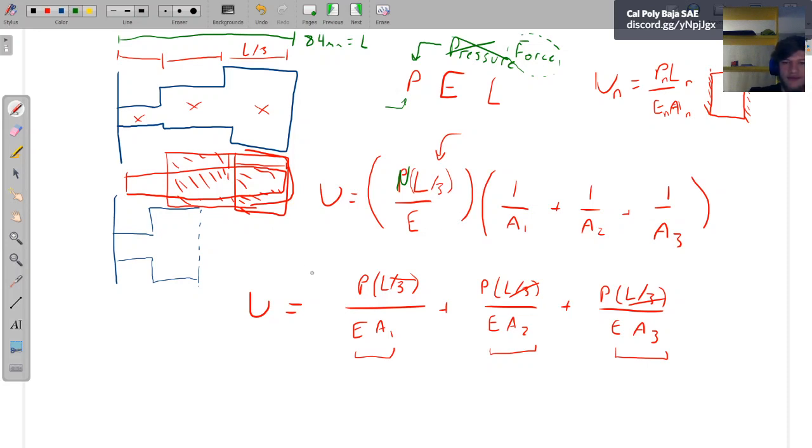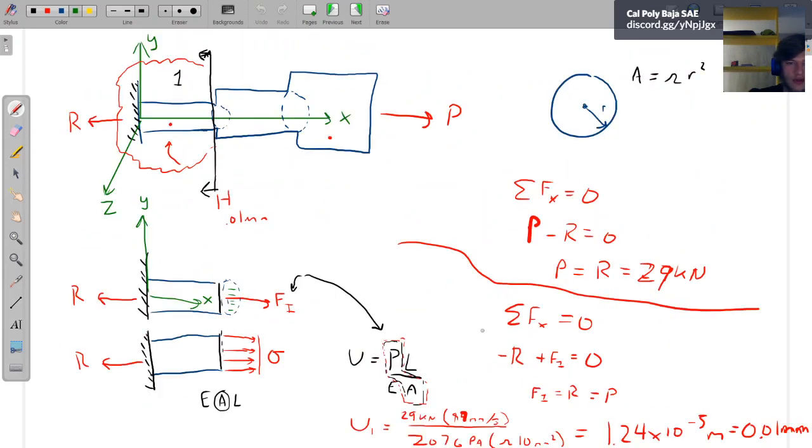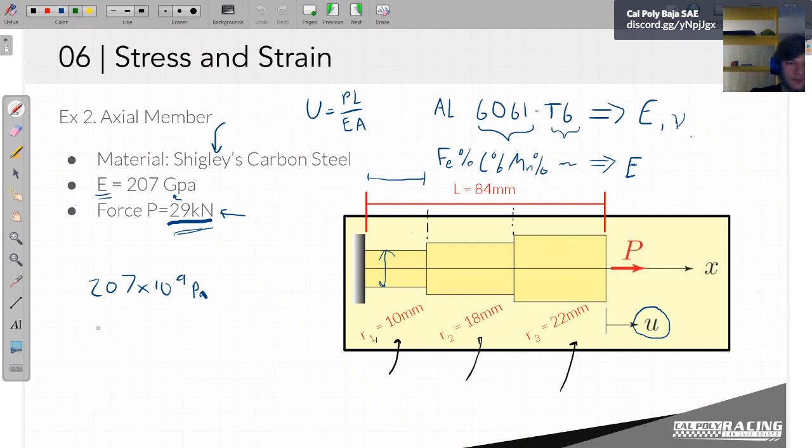Okay, so we're getting to the end here. Now that we know we can cut this into multiple pieces and add everything up for each section, let's go ahead and solve our problem thoroughly. I like your approach. We'll say U equals P times L over 3 over E times 1 over A1 plus 1 over A2 plus 1 over A3.